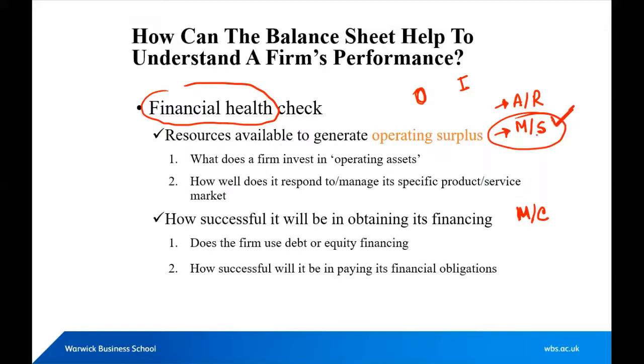So we know that these two activities are different, operating and investment activities, and these two activities should be separated out. And again, you see that a company incurs expenses, or a company incurs cash outflow.